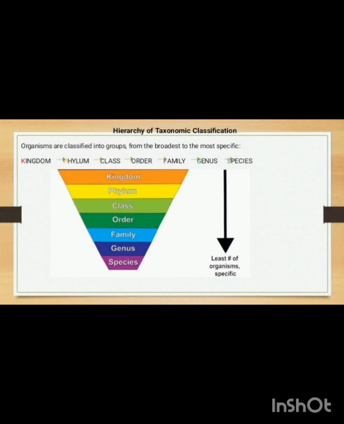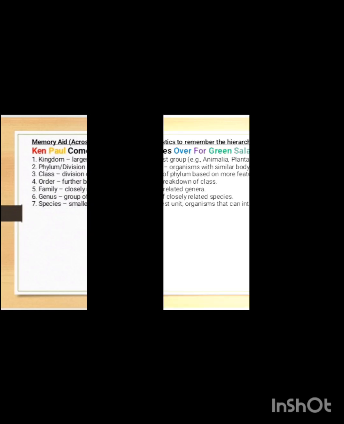As you can see here, we have the hierarchy from kingdom to phylum, class, order, family, genus, and species. The arrow is showing you that the group is larger above, then it decreases as it comes down.